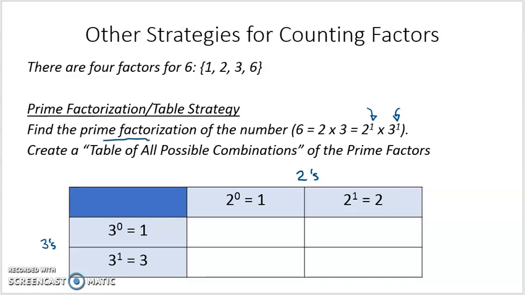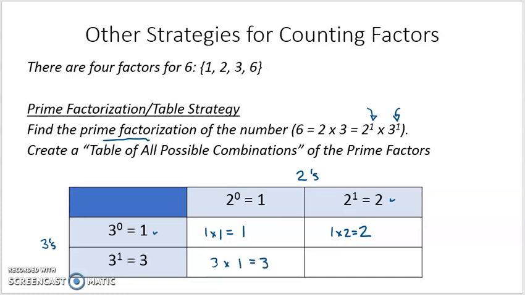2 to the 0 times 3 to the 0 is 1 times 1, which is 1. So that's a factor of 6. 3 to the 0 times 2 to the first is 1 times 2, which is 2. You see what I'm doing is just multiplying across. Then 3 to the first times 2 to the 0 is 3 times 1, which equals 3.